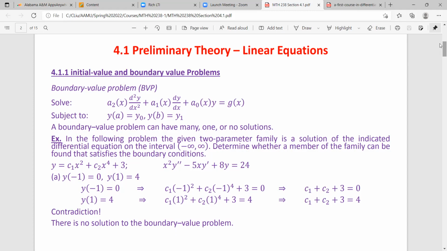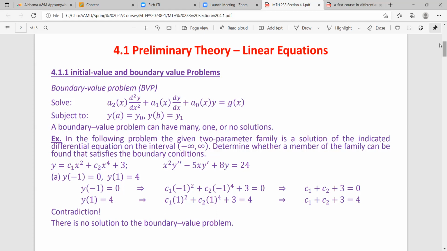You're talking about a high dimension problem, and the values at the boundary are given, and this is called boundary value problems, or BVP.